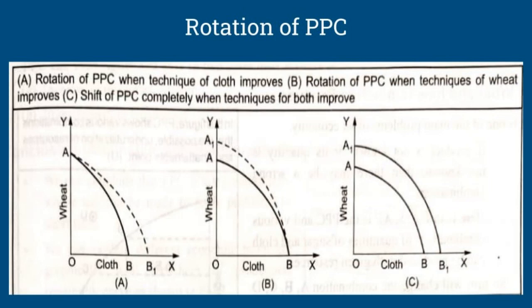First the technology of cloth has been improved as in graph A. Then the technology of good Y, that is wheat, has also been improved, as shown in graph B. Joining these two improvements in the technology of production of wheat and cloth, it shows the PPC as A1B1. And this rotation on both the axes is similar to the rightward shift in the PPC. So this was about rotation of the production possibility curve, which happens due to change or improvement in the technological state of the commodity.